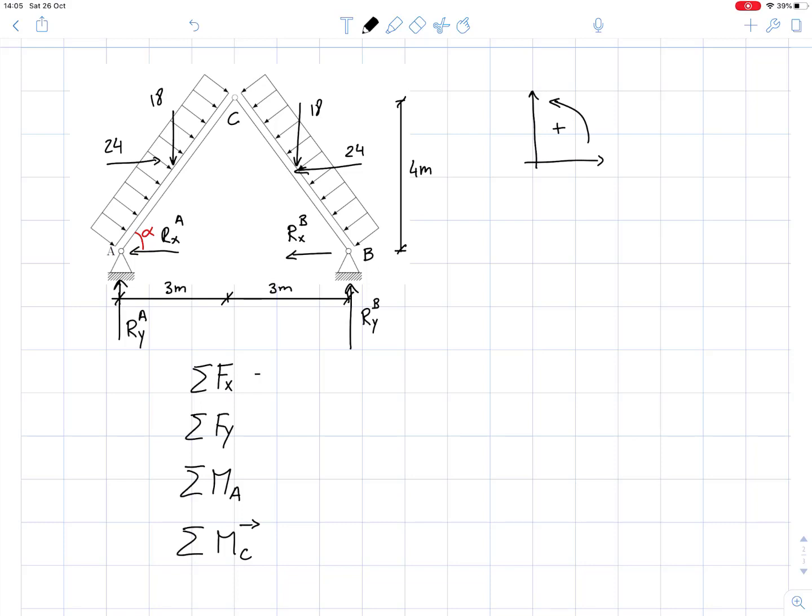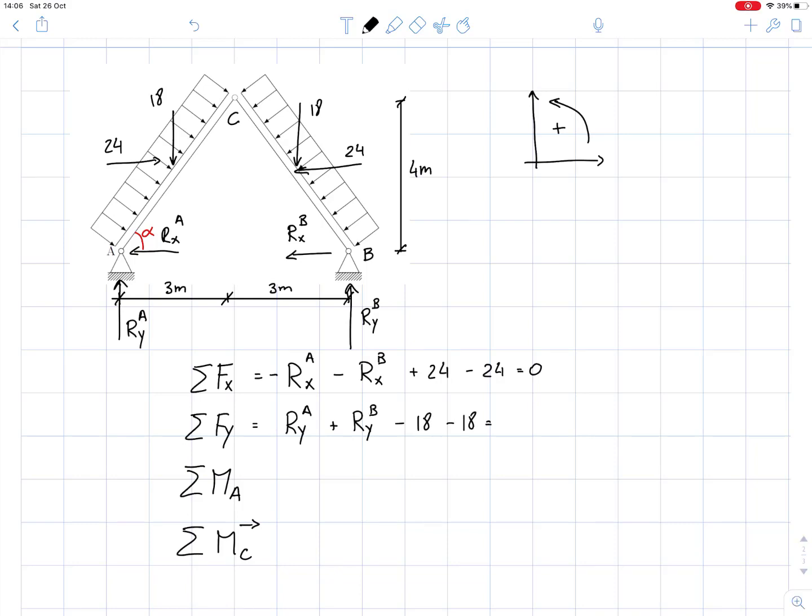Now, horizontal forces: I have two reactions, Rxa and Rxb, both of them to the left, so both of them negative. And then I have a force of 24 to the right and a force of 24 to the left. In terms of vertical forces, I have two reactions, both of them upwards, and I have two forces of 18, both of them downwards.